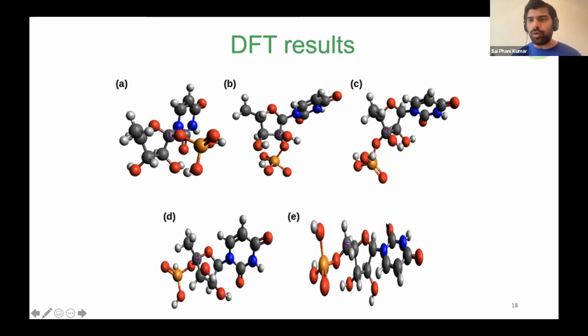So these are different combinations. With these different combinations, if you calculate the thermochemistry properties, you will get different properties, like different formation energies, like free energies.